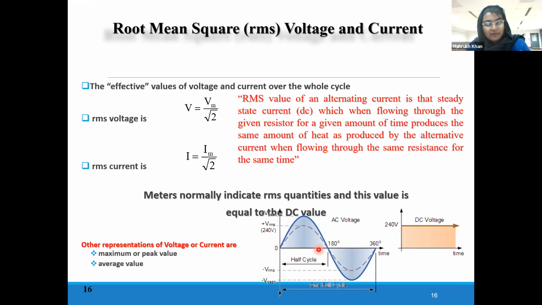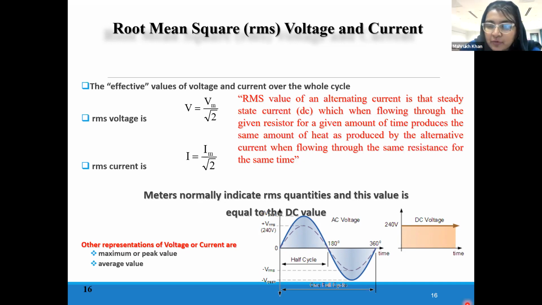So the RMS value of an alternating current is the steady state current which, when flowing through a given resistor for a given amount of time, produces the same amount of heat as produced by the alternating current flowing through the same resistor at the same time.